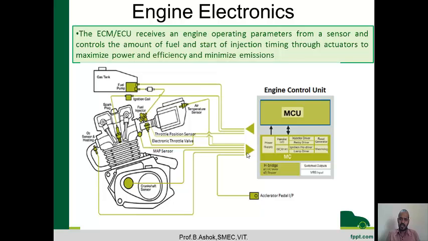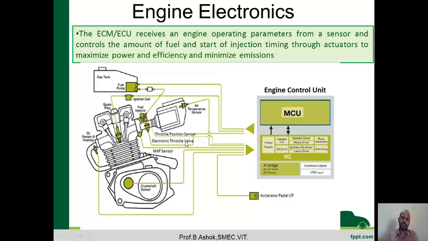Those real-time parameters act as the input to the microcontroller, or you can say the electronic control unit. Based on the input sensors, the program written in the ECU compares all these values and provides the output to the actuators: right now this is the condition, air quantity has to be this much, fuel quantity has to be this much, spark timing has to be this much, spark duration has to be this much. Like that, output will be given with the help of actuators.